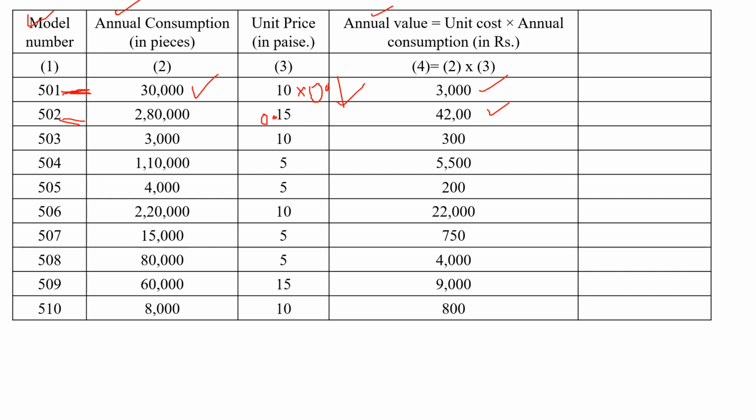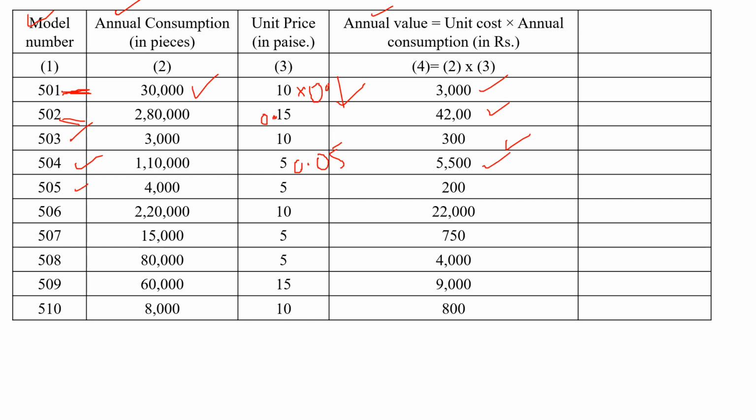Next the third one, the 503 model, third item: 3,000 into 0.1 is 300. Fourth item, model number 504: 1,10,000 into 5 paise, which is 0.05, gives an annual value of 5,500.